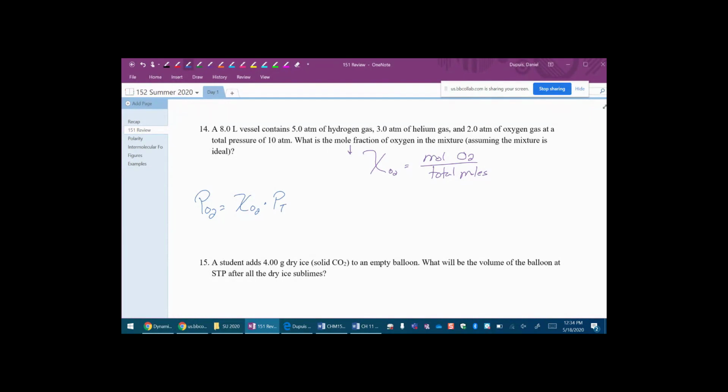So we have 5, 3, and 2. So I have 2 atmospheres. Oh, it doesn't tell us the moles. Oh, okay.